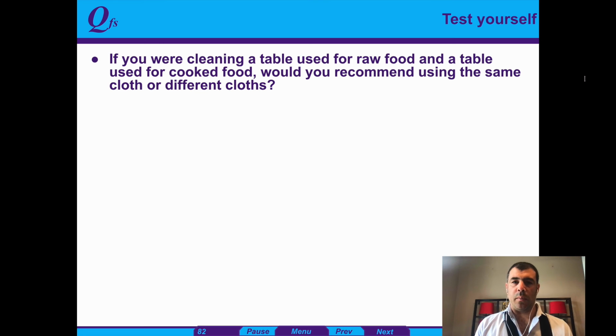If you are cleaning a table used for raw food and a table used for cooked food, would you recommend using the same cloth or different? Different. This is actually something that we see a lot with chefs: they will use the tea towel hanging down the apron to wipe down the working surface, and before you know it, they're taking something out of the oven with the very same cloth, or transporting hot plates.